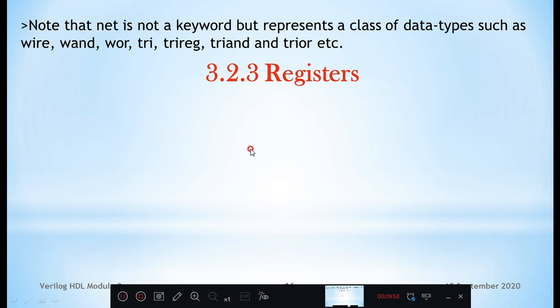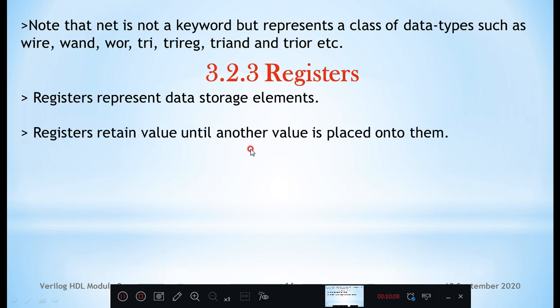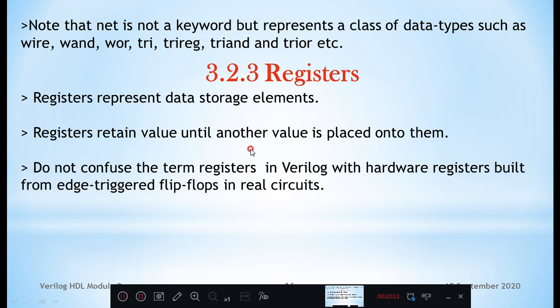Next we see registers. Registers in Verilog represent data storage elements. Registers retain value until another value is placed onto them. Do not confuse the term registers in Verilog with the hardware registers built from edge-triggered flip-flops in real circuits.